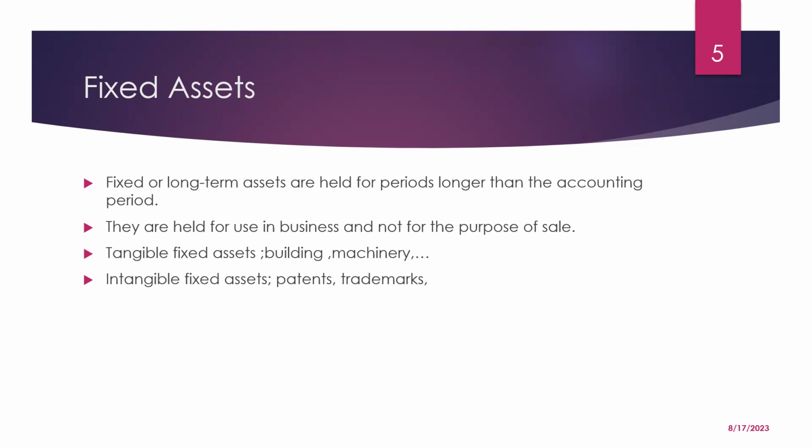And the tangible fixed assets, that means the fixed assets that one can touch and that one can feel, are known as building, machinery, vehicles, land, likewise. So tangible is in the sense you can touch, and on the other hand, intangible is in the sense you cannot touch or feel.